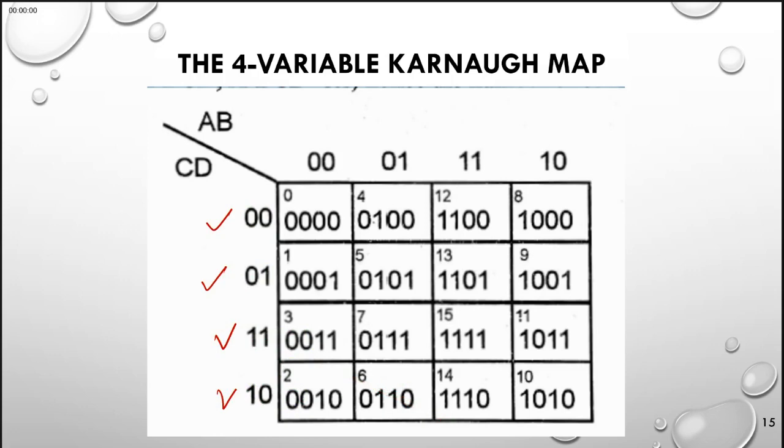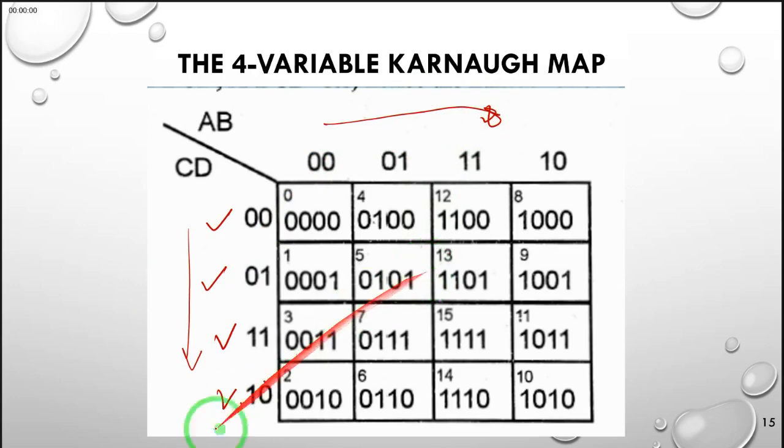We see that in the variation 00, 01, 11, and 10, only 1 bit changes, just like we observed with the gray code representation. The variation of the second set of variables CD is entered vertically and adjacent to the first column, again in the order 00, 01, 11, and 10.